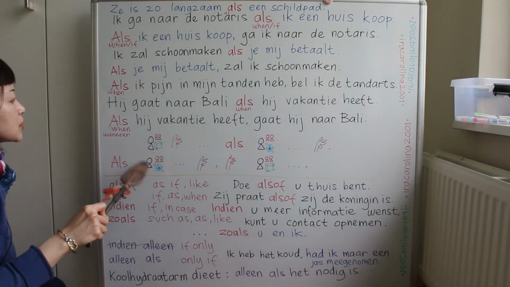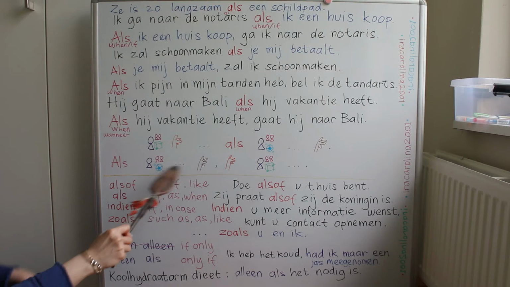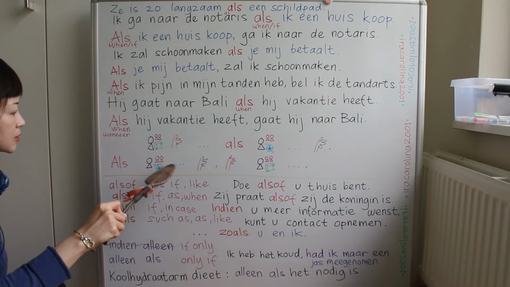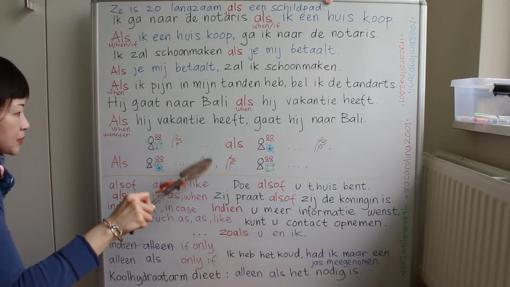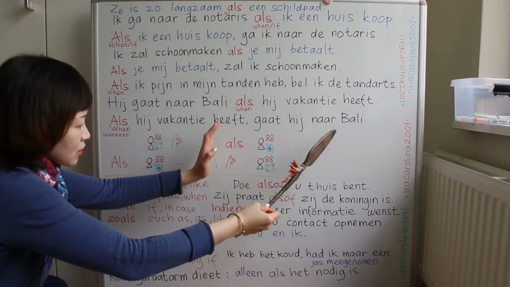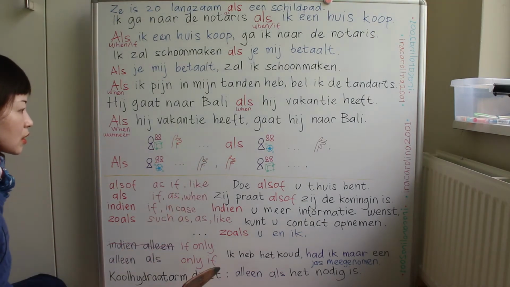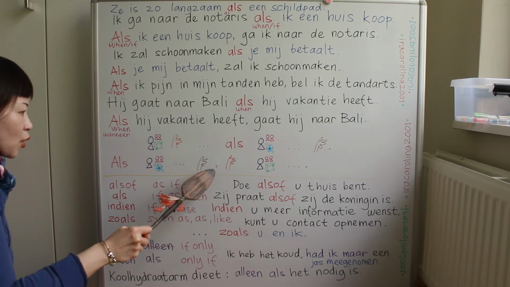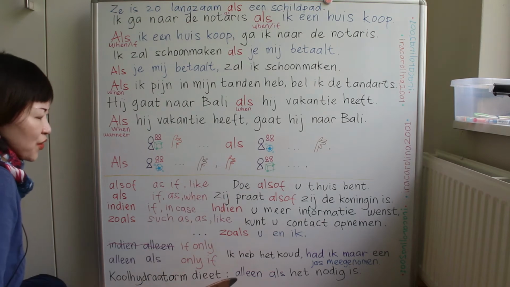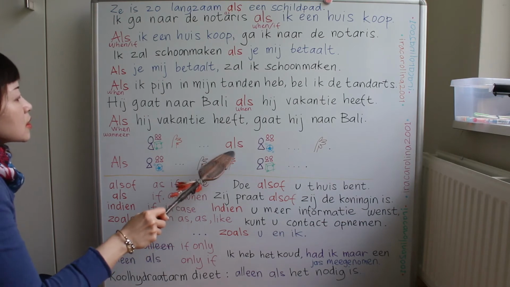And then we use "als", subject, the rest of the sentence, part one or first part, and then the verb. Basically it's the same as this one, but we put it at the very beginning of the sentence. And then because of that we have to put a comma here before we go to the other part of the sentence, which is this one.